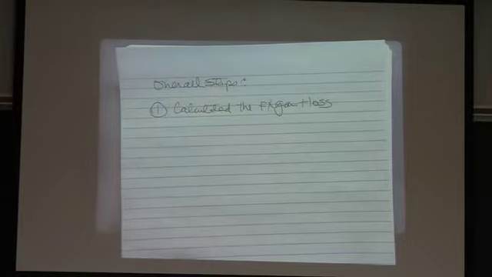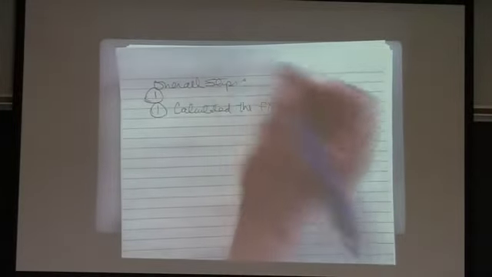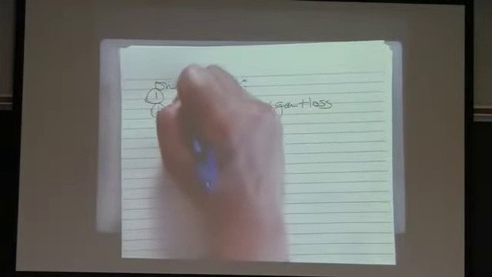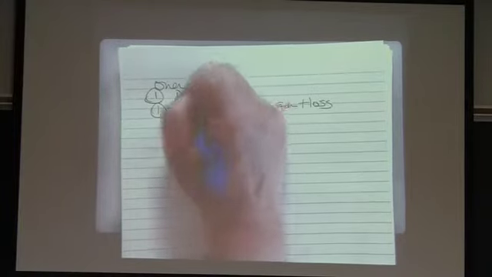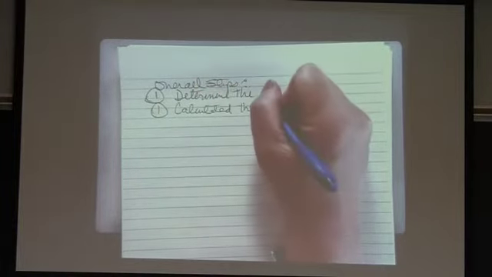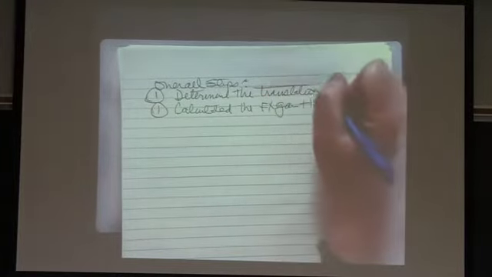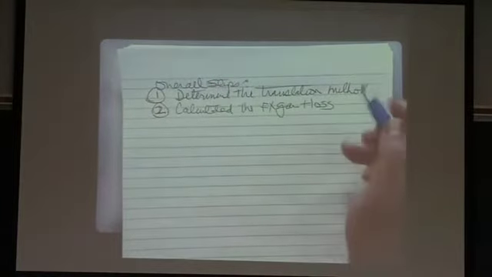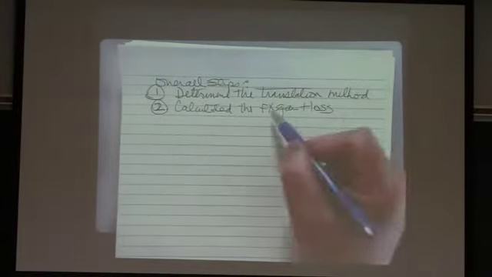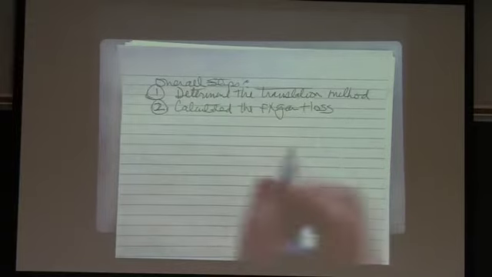Actually, before that, we should really determine the translation method. That's really the first step, isn't it? And then, once you determine the translation method, we calculate the FX gain or loss.